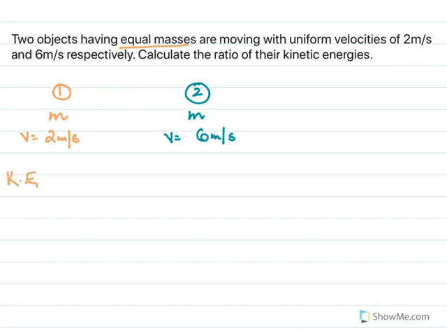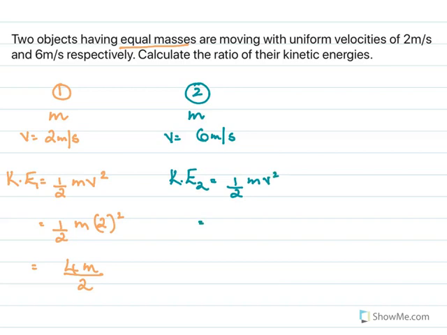So kinetic energy 1 is half m v square, which is half the m, and v is 2 square. So this will be 4m over 2, and I'll just keep it this way. And here kinetic energy 2 is half m v square. This v is 6 here, so half m 6 square. So that is 36, 6 square 36, m over 2. Now we need to find the ratio.